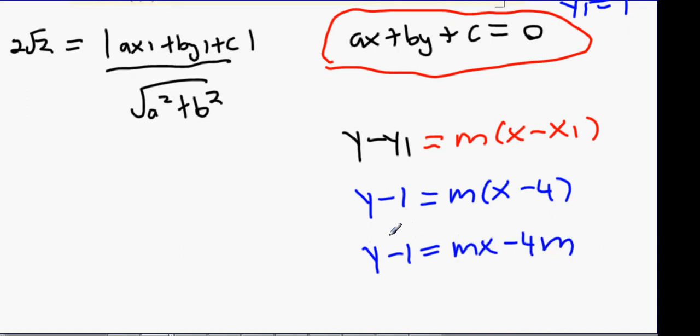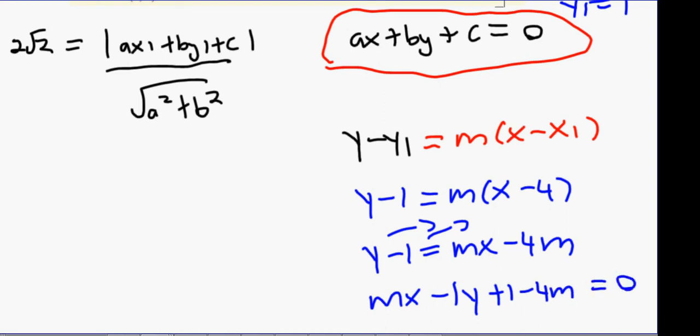Bring it all to one side. We're going to get mx minus y, or minus 1y, and then we're going to get minus 4m plus 1, or 1 minus 4m, whichever way you want to write it, equals 0.